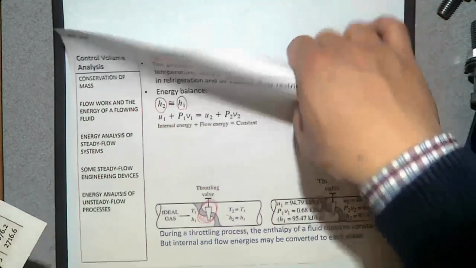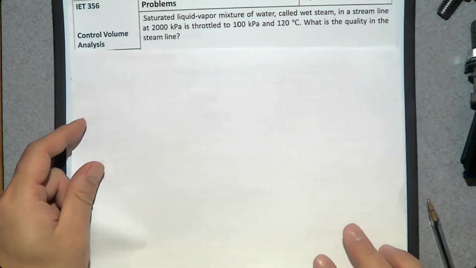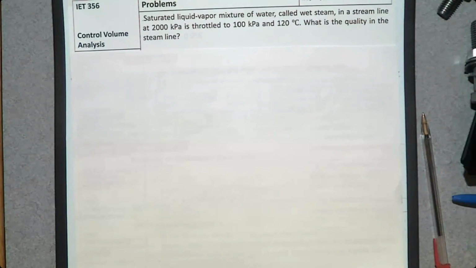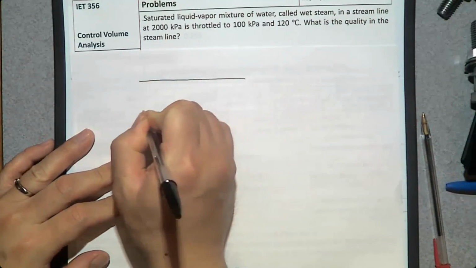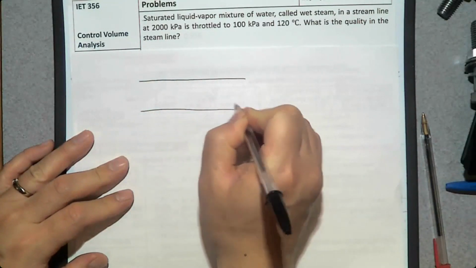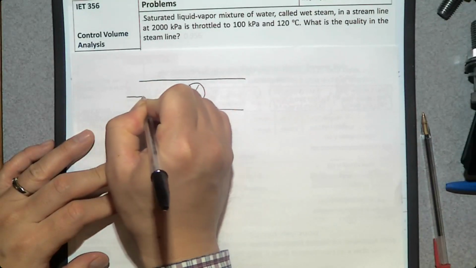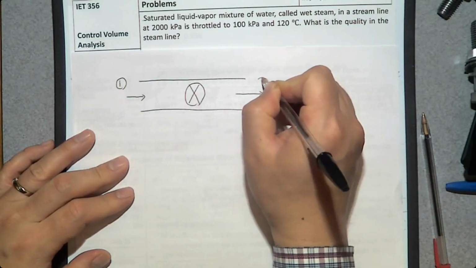Based on that, let's solve this problem together to learn how to analyze a throttling valve. In this case, we have this throttling valve. Let's talk about the physics here. There's an inlet here, number one, and an exit here, number two.